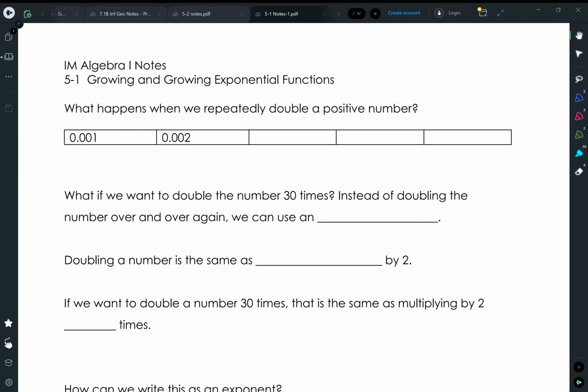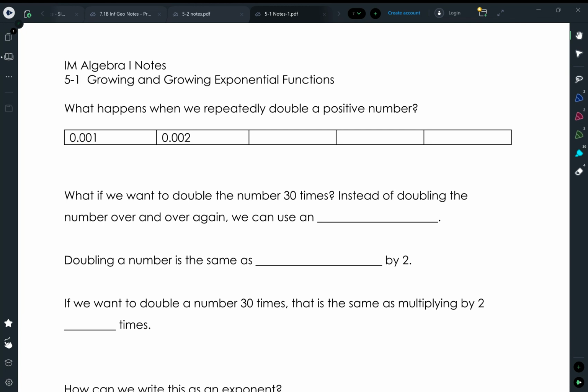So the first question we want to consider for our notes is what happens when we repeatedly double a positive number. So here I have 0.001, and then we double it, we have 0.002, so 2,000ths. Let's see if we double that again. Doubling is really times 2, right?